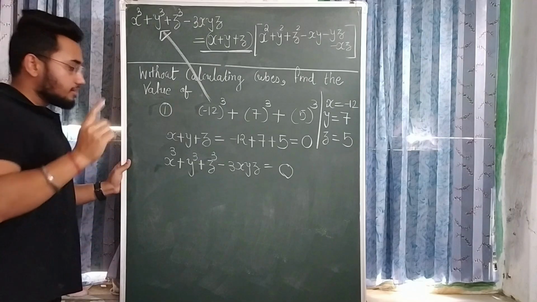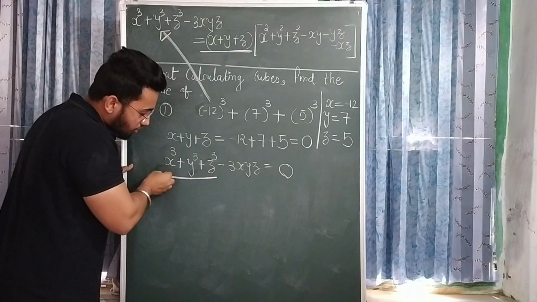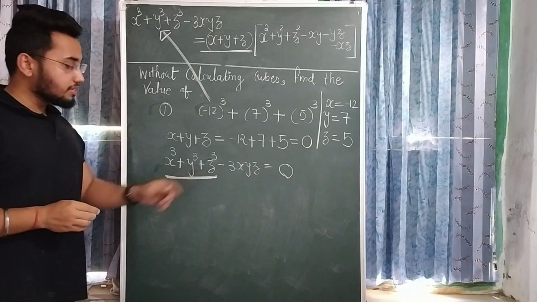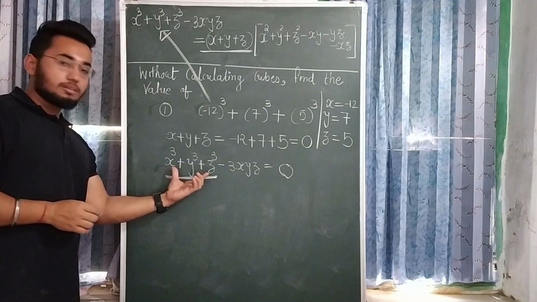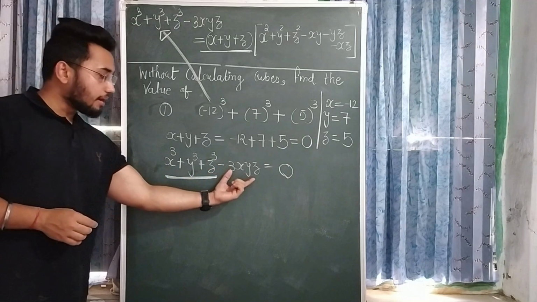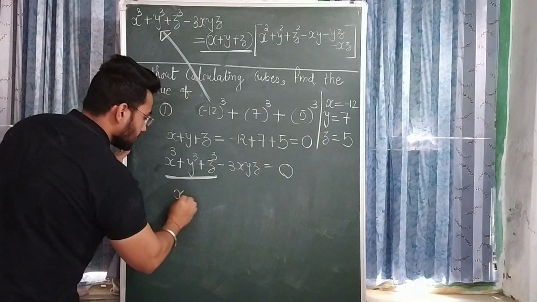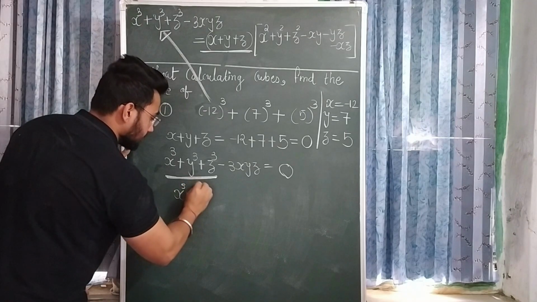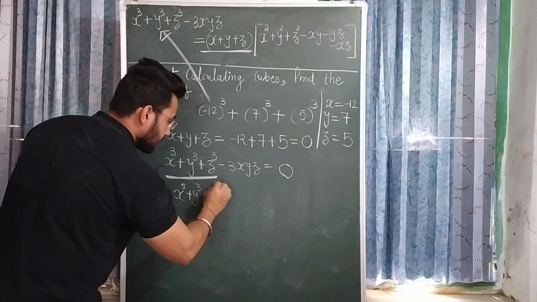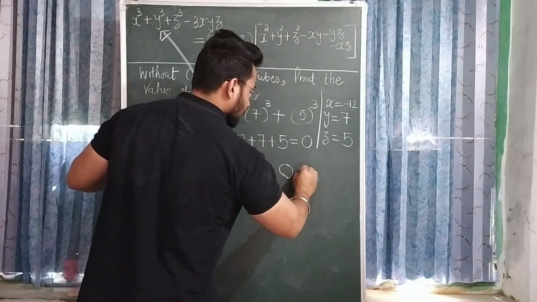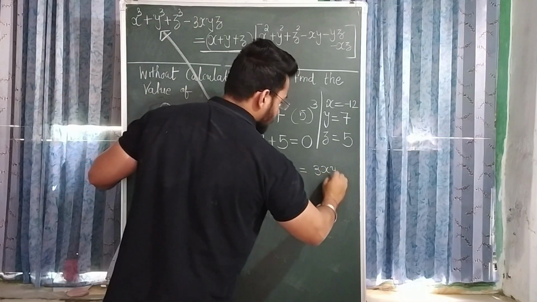We have to find the value of this x cube plus y cube plus z cube. We have to find the value of this term. Then minus 3xyz will go on right hand side and becomes plus 3xyz.